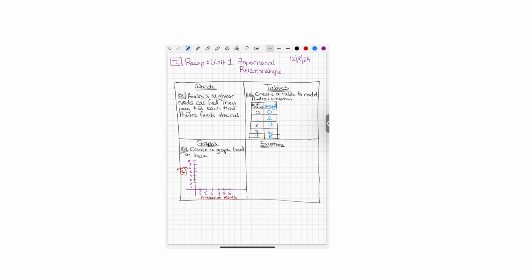Some dots on this graph. Once you get your graph, take a peek at mine. Make sure you've got dots, lines, labels.